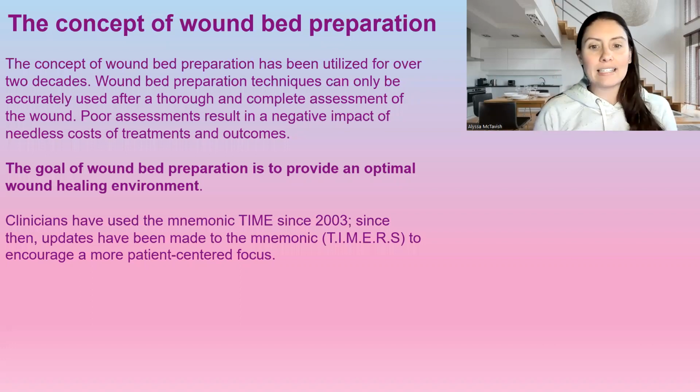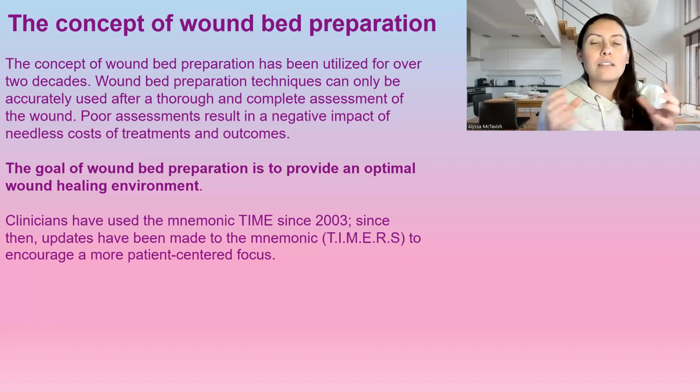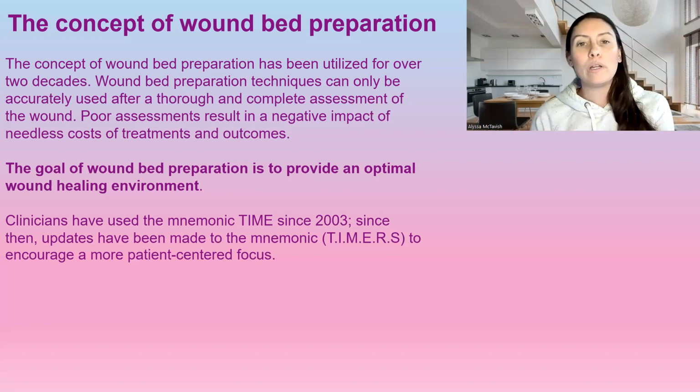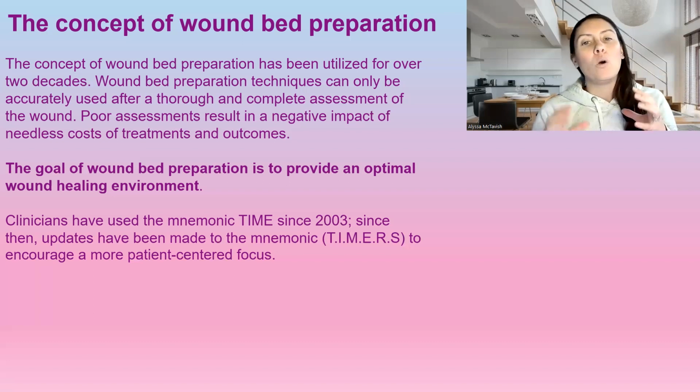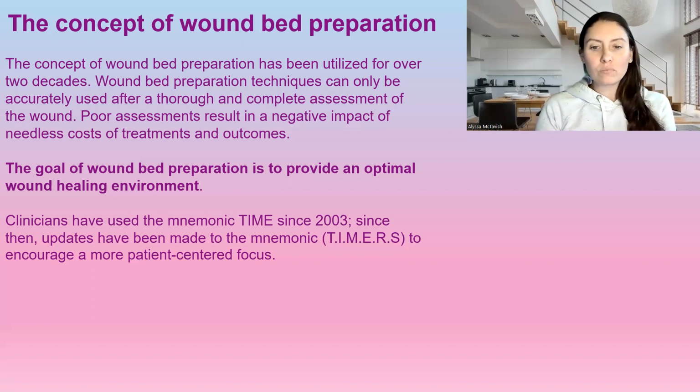It could cost us money that it doesn't need to, either the system or our patient's money, depending on the location, the treatment, the outcome of the wound. These are the things that we have to be doing. We have to identify wound healing issues, okay?